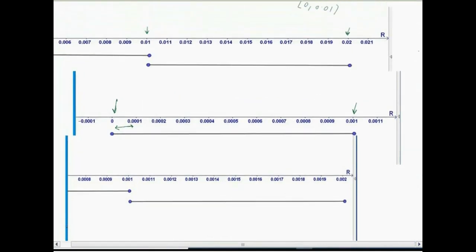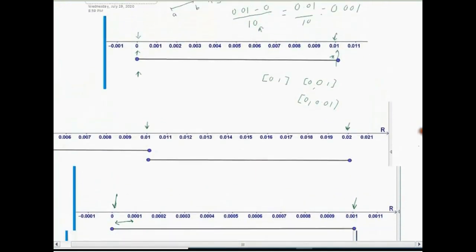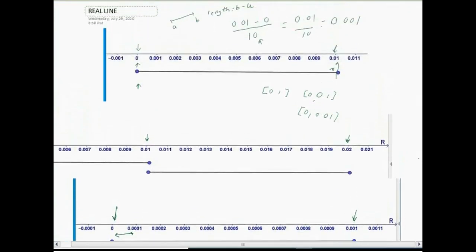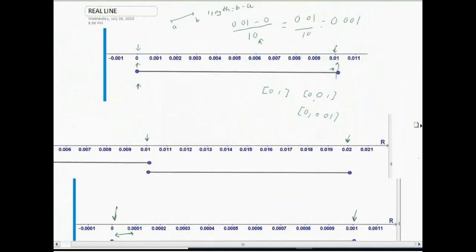Infinite number of points in between any two, infinite number of points in any interval of finite length. That is, if your interval is 0, 1, it contains infinite number of points. And all these points are elements of the set of real numbers. All these numbers are real numbers. All the numbers which we have written here are all real numbers.